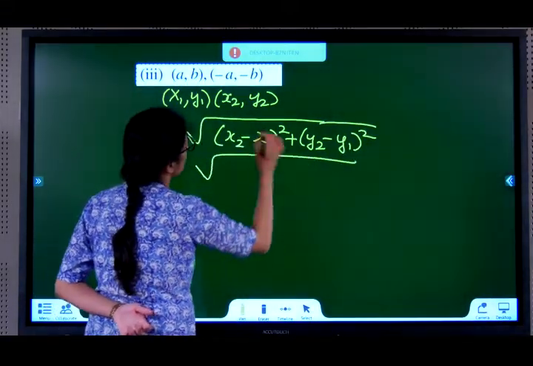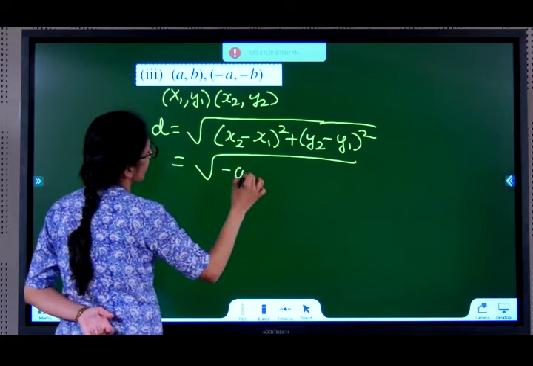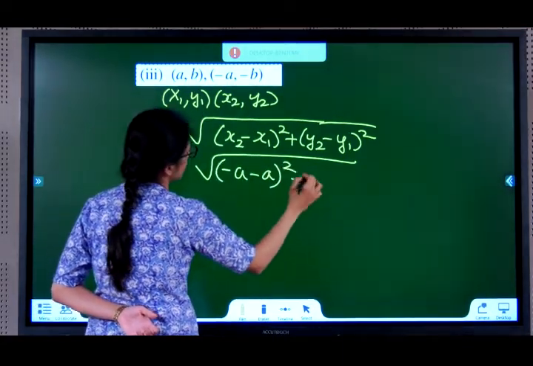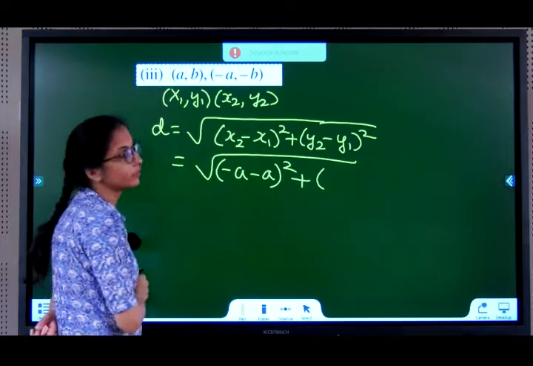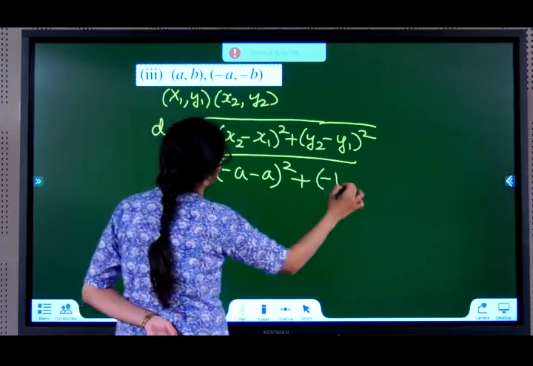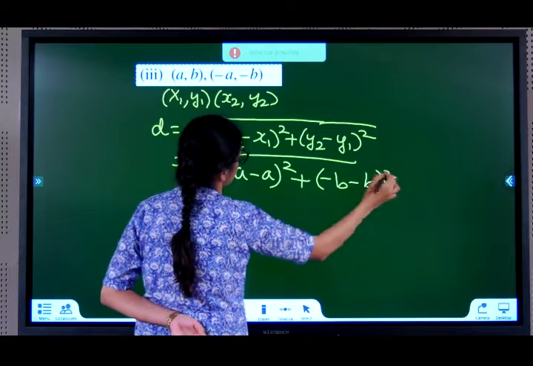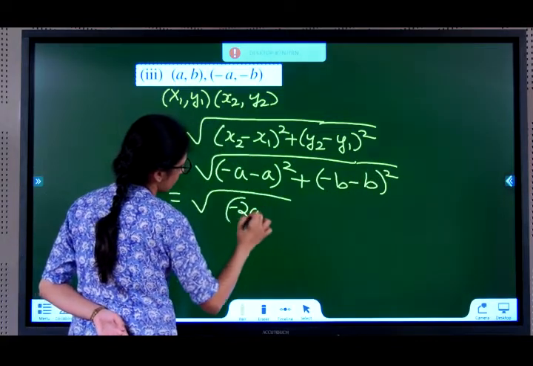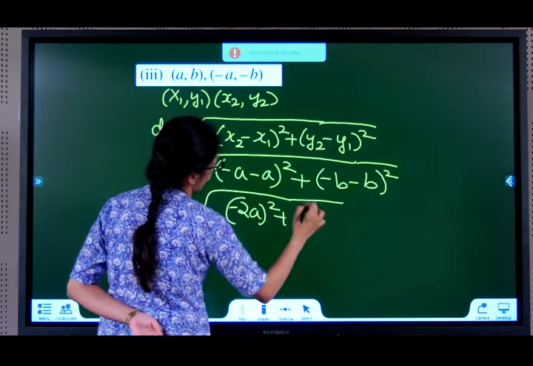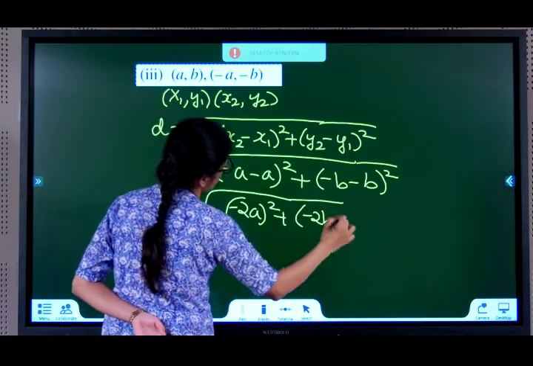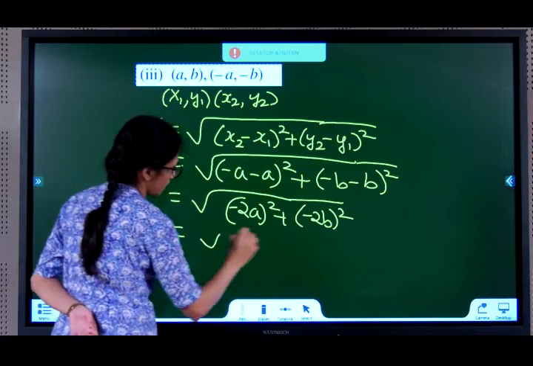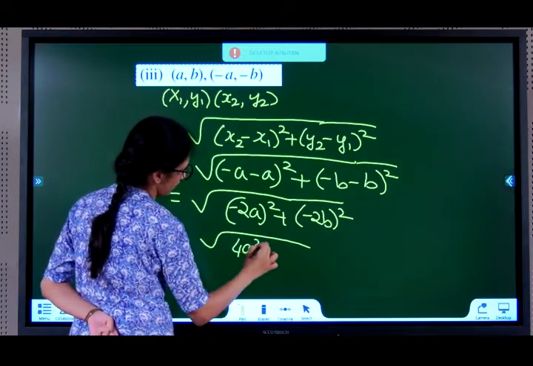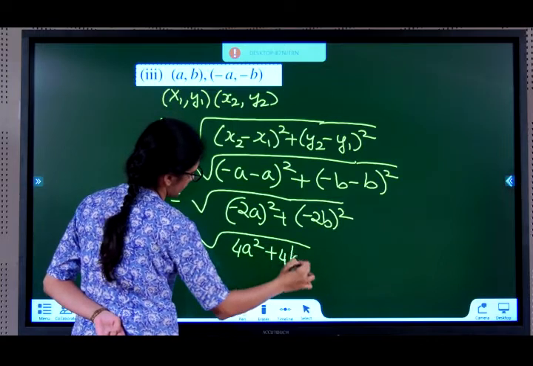This is root of (minus a minus a) the whole square plus (minus b minus b) the whole square, that is minus 2a the whole square plus minus 2b the whole square. 2 square 4, so 4a square plus 4b square.